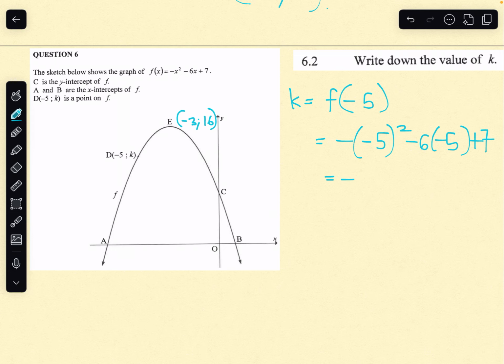Okay, so similar to before, we have minus 5 times minus 5, which is 25, and then the minus outside negates it. Minus 6 times minus 5 is positive 30. So this adds up to 37 minus 25, which is 12. So k is equal to 12.